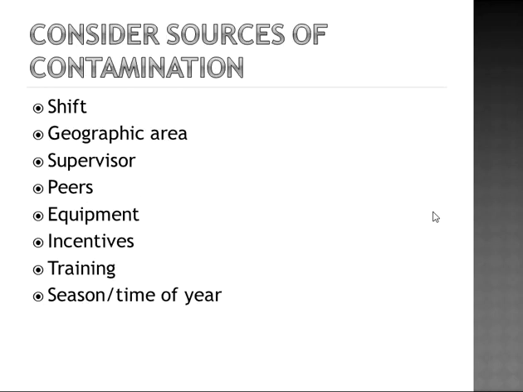Consider sources of contamination. Contamination, meaning that not all employees are going to be treated equally because they may be working in different geographic areas, have different shifts, work the night shift. So the idea is that these things can have an impact on how we are judging their performance.